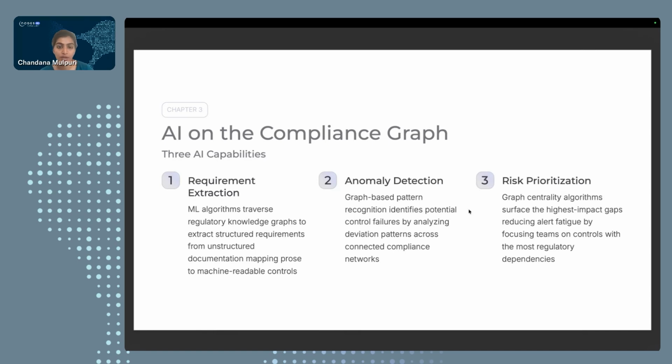Anomaly detection is where graph-based pattern recognition identifies potential control failures by analyzing deviation patterns across connected compliance networks. And the third is risk prioritization, where graph centrality algorithms surface the highest-impact gaps, reducing alert fatigue and focusing teams on controls with the most important regulatory dependencies.